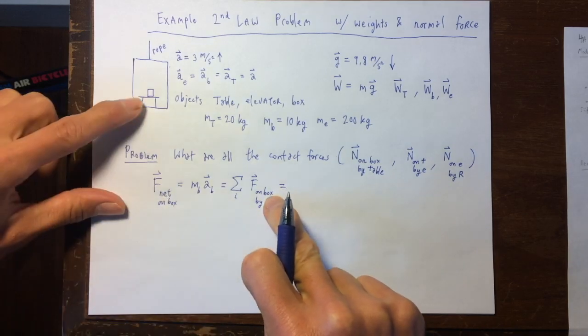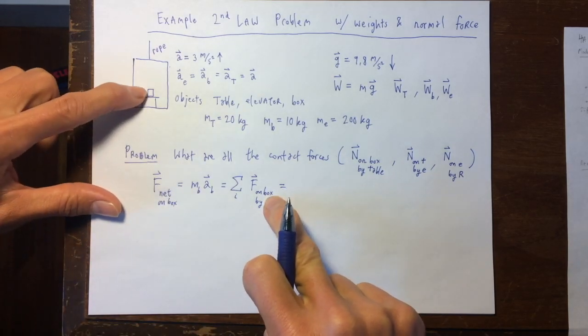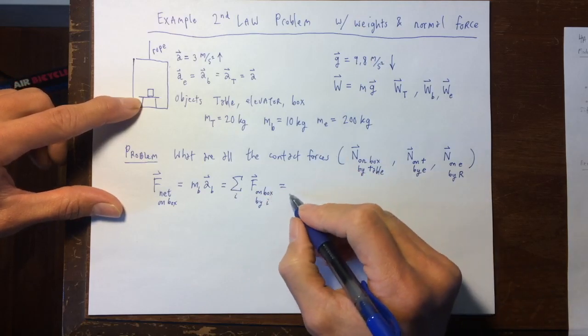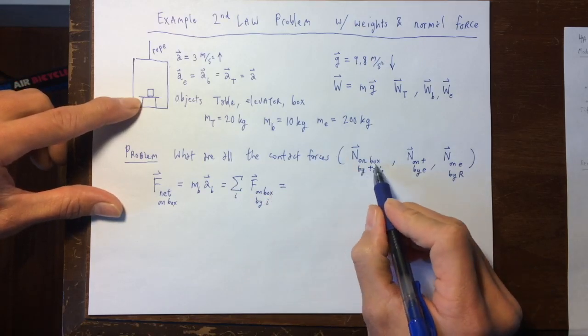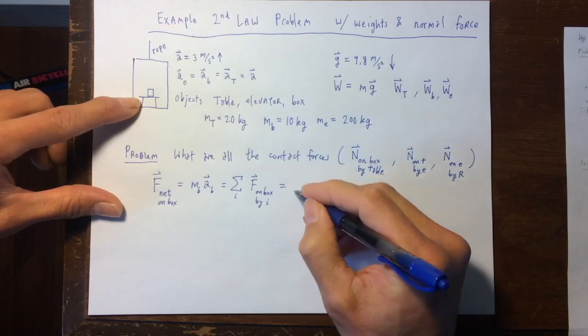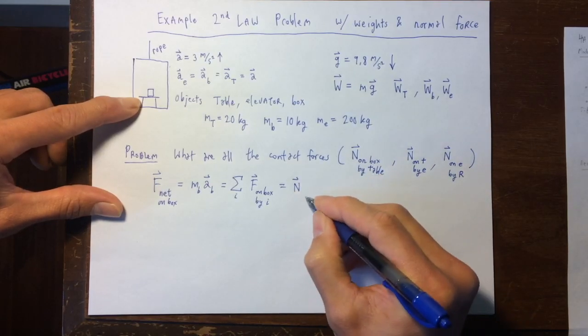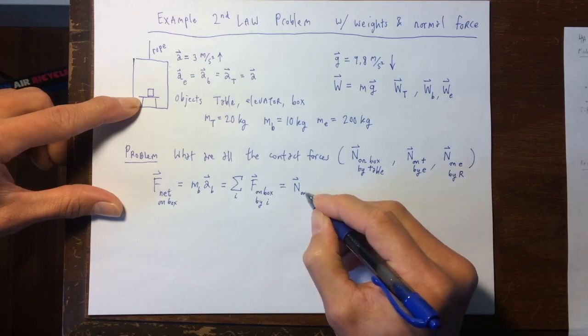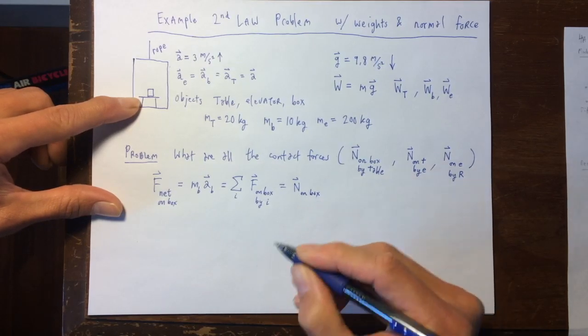So let's go look in the diagram. This box, here it is. The only thing touching it is the table. So that means at least the table, right? The force on the box by the table, this normal force, is one of them. So I'm going to list it in my summation. I'll just put it first. It doesn't matter if it's first or last or in the middle.